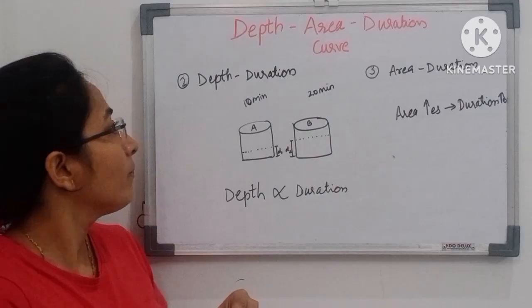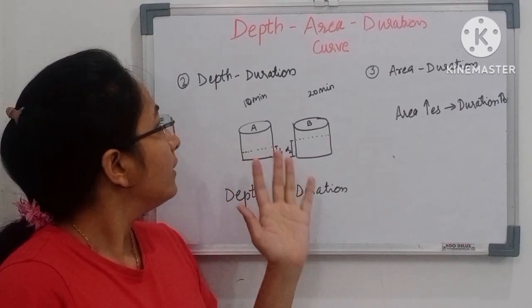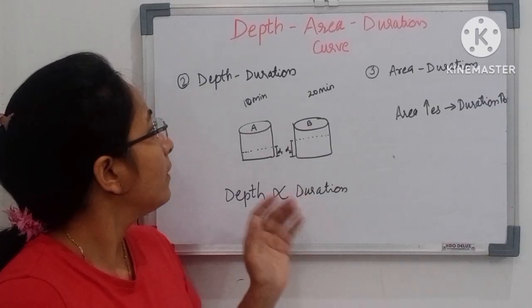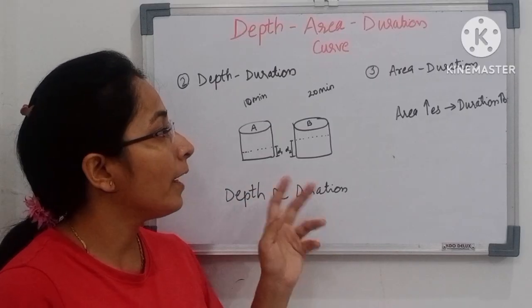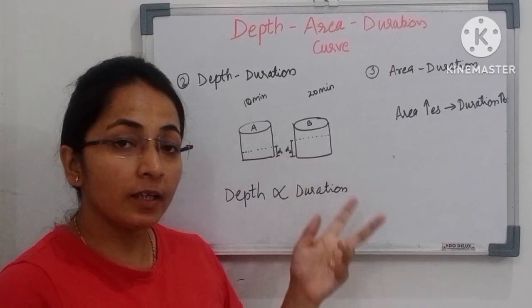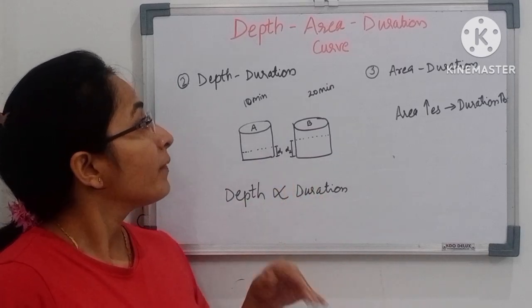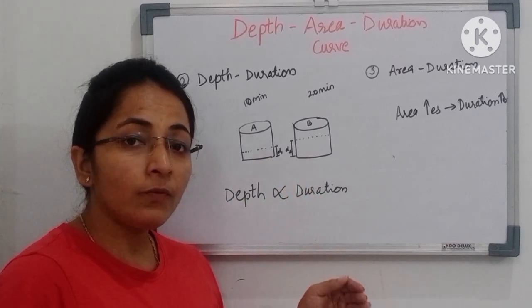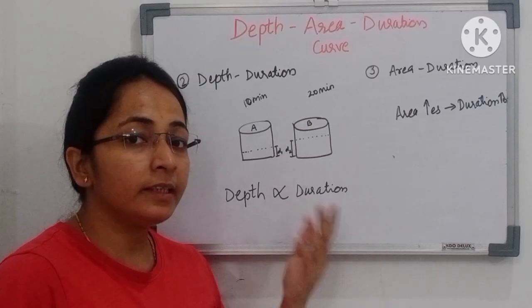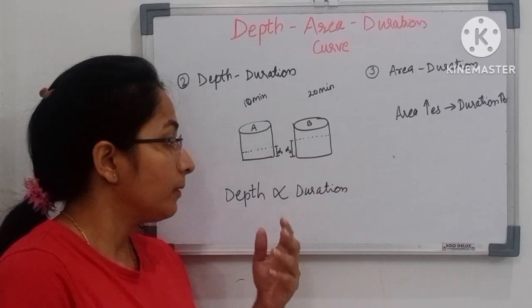This is about the depth area relationship, depth duration relationship, and area duration relationship. Now we will discuss the depth area duration curve, or how to analyze it.